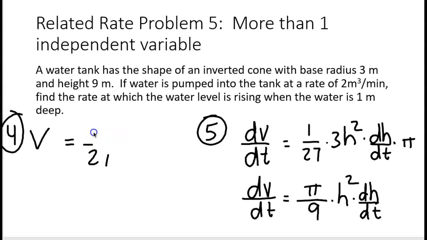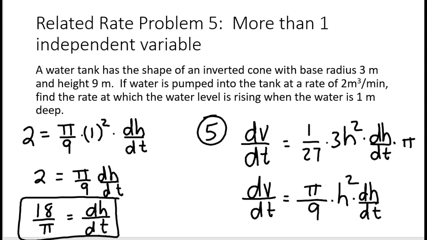Okay, now we're ready for step 6. So go ahead and see if you can do step 6. Pause the video here, and when you unpause it, you'll see the solution. All right, so here's the solution. We replaced the dv/dt with what we had for that earlier, which is 2. We replaced the h with 1.